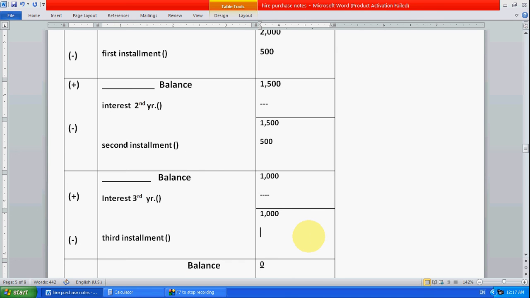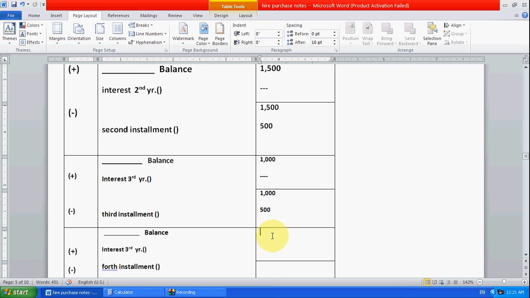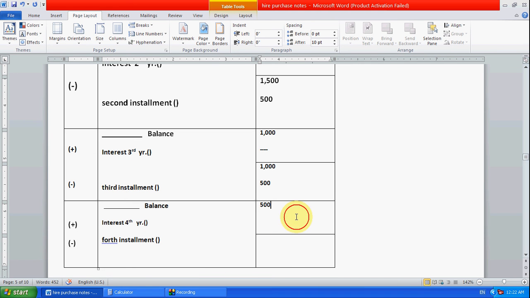Then we pay the third installment. After paying the third installment, the remaining balance will be 500. Then for the fourth year, we would pay interest, but the interest is already included in the installment, so there is no interest.